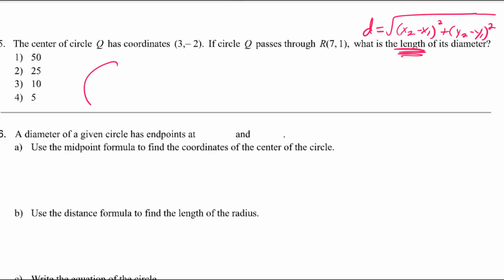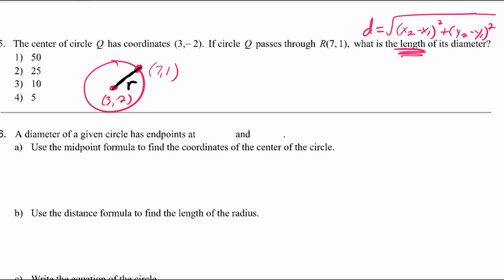So let's try to visualize this. I've got some circle, and I know the center point is (3, −2). And I know some point on the edge of the circle is at (7, 1). They want me to find the length of the diameter, which would go all the way across the circle, but I only know the center and one of my endpoints.